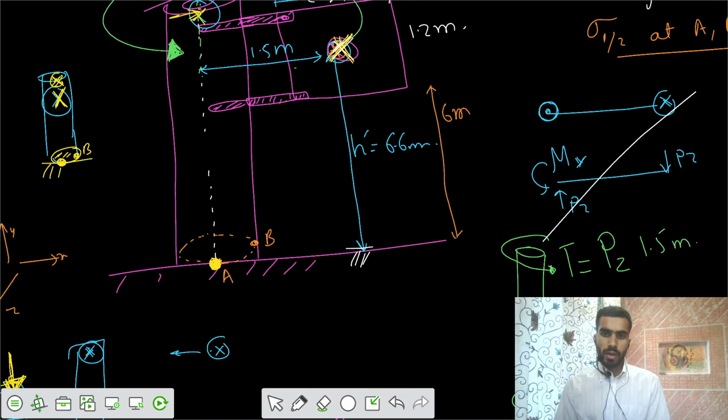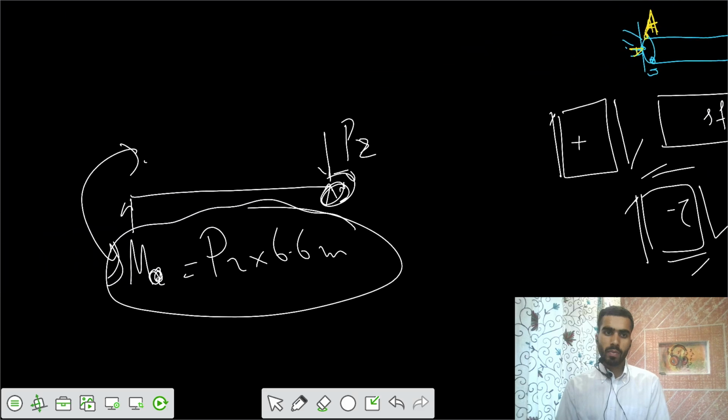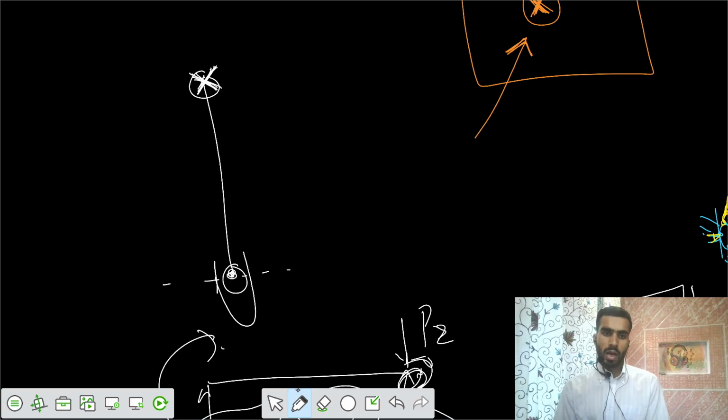That means the reaction would be upwards, and the moment would get developed about the x-axis. So this is towards the beam, towards that pole. That means the moment would come out from the top. That's about the x-axis, moment Mx.